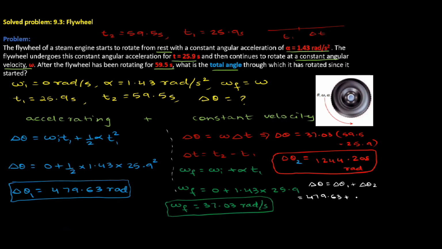Delta theta 2 is 1244.2 radian. And when you add them both together, the answer you get is 1723.8 radian. And if you were to write this in three significant digits, as you have all the values over here, you get your delta theta as 1720 radian. So this is the total angle with which the flywheel has been rotated since it started.